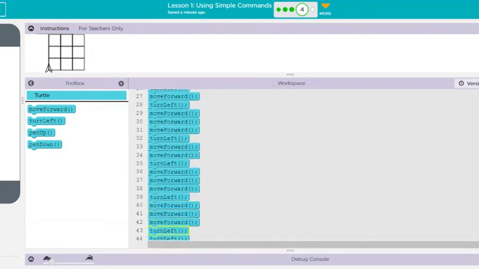Now we're at the bottom. Turn left, and now it's facing in the upward direction like it should be.